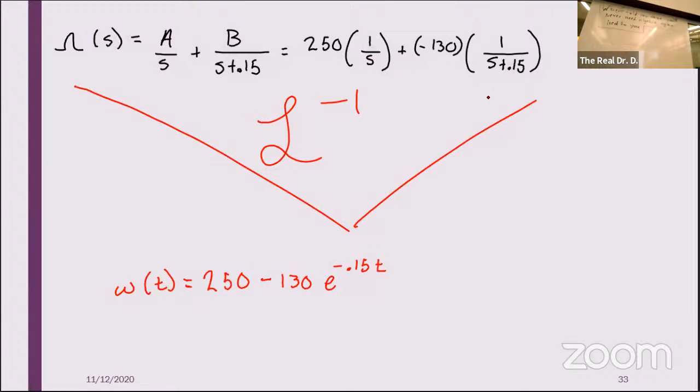And then on Thursday, we will do a bunch of problems related to Laplace transforms. Okay? You guys have any questions right now? Okay. No, sir. All right.